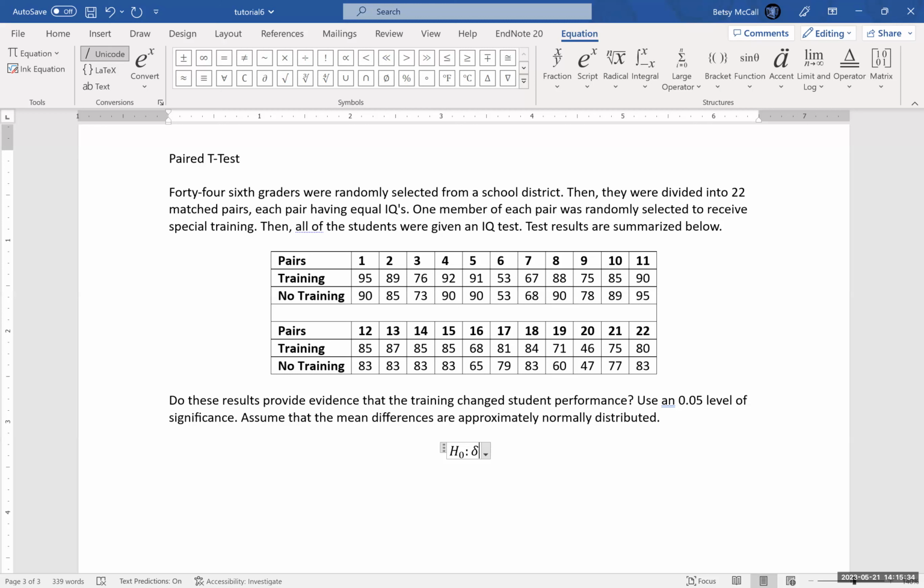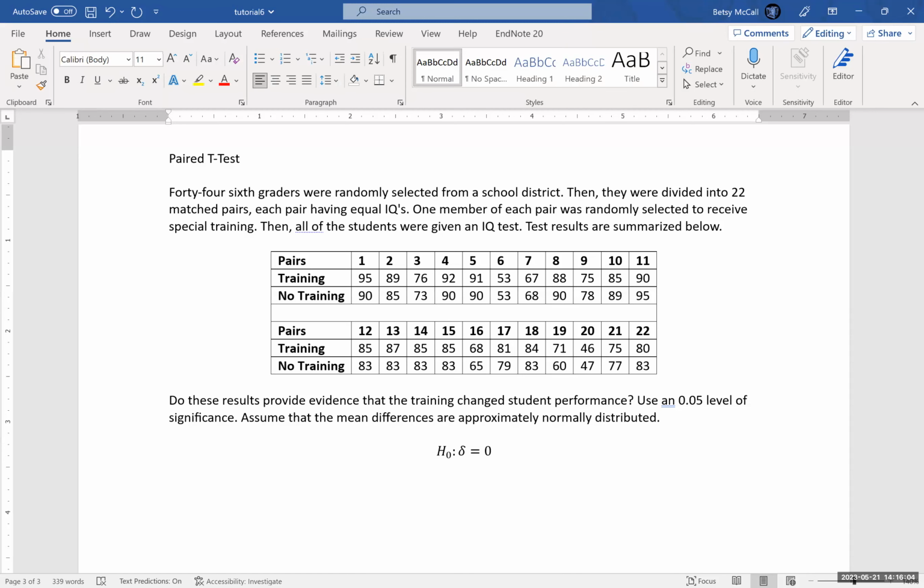Essentially we're looking at the differences to see if the training versus the no training had a change. Because we're not doing an independent test, we're not calculating one mean and comparing it to the other mean. We're calculating the individual differences between each pair, and then calculating essentially a single sample t-test. So we notate this a little bit differently than we do the independent case.